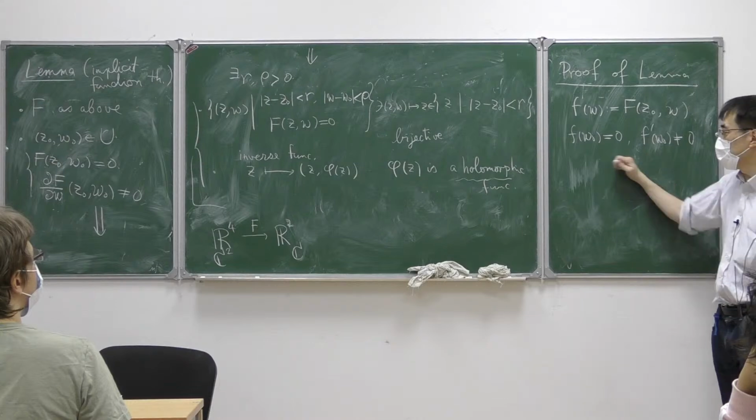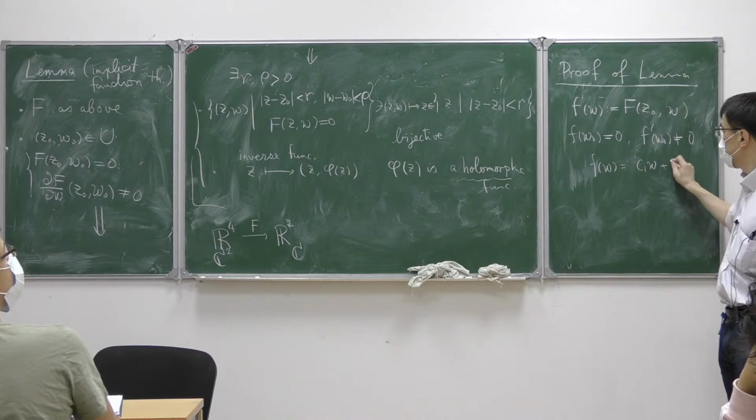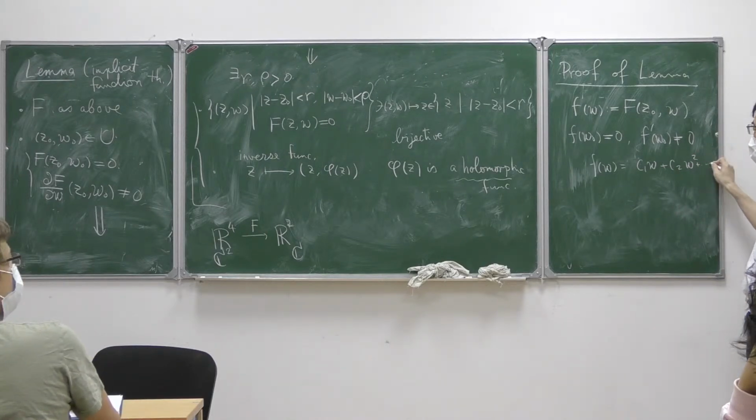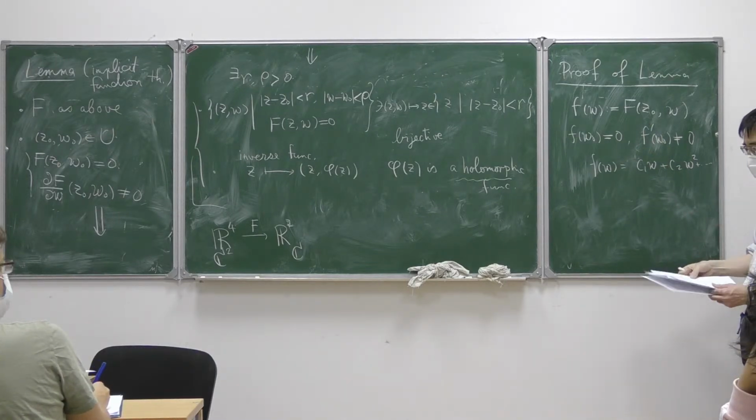This means that f has a Taylor expansion like this. Actually, it's a polynomial, so it truncates at a finite term.